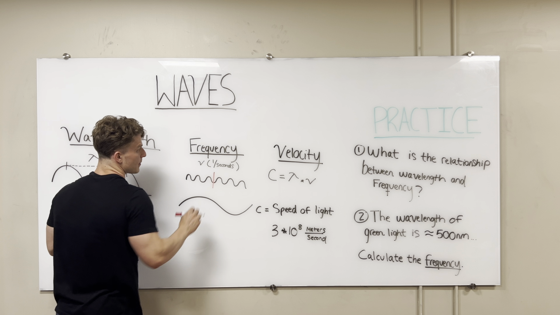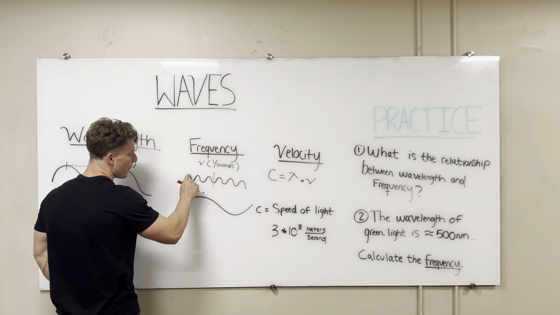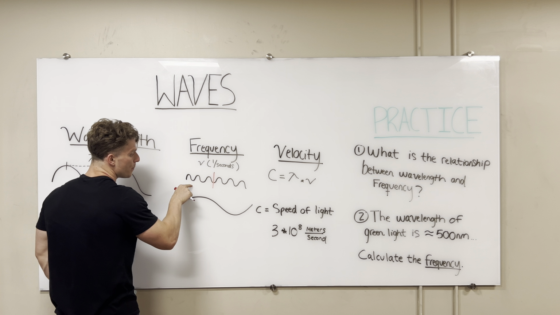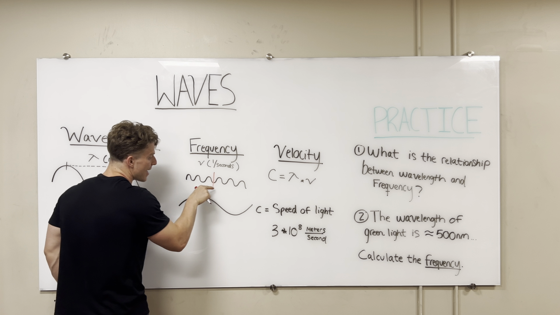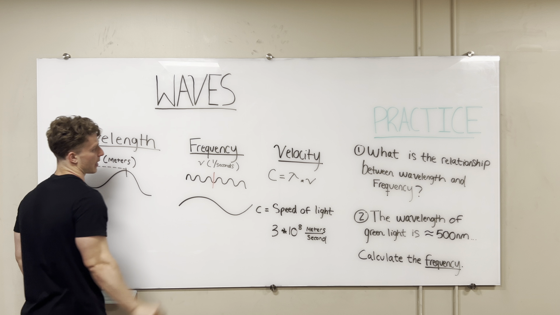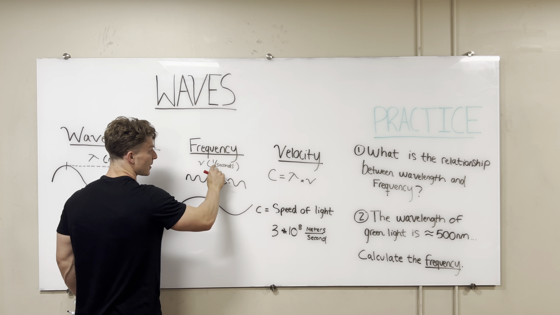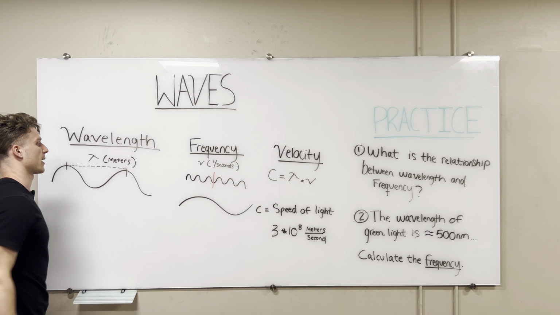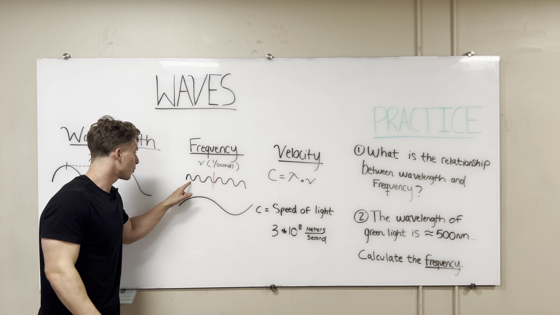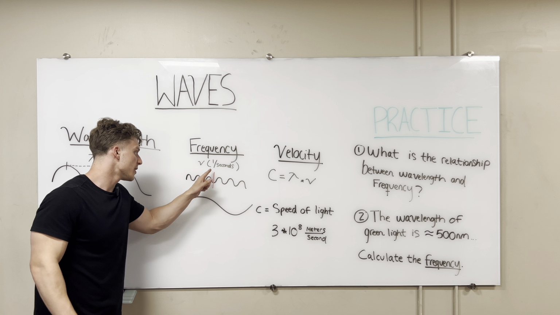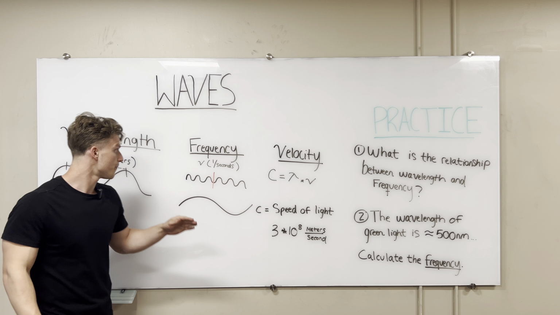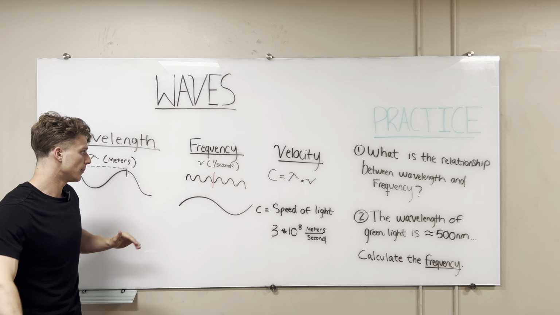What frequency measures is how many complete waves would pass through this point, this red line that I've drawn, per second. So frequency is measured in reciprocal seconds, 1/seconds. Let's say that 3 complete waves were able to pass through this red line in 1 second. The frequency would be 3.